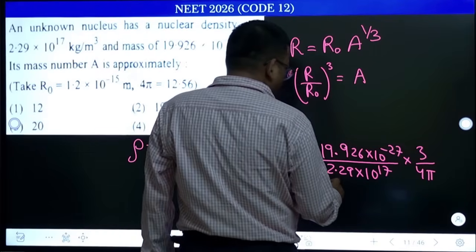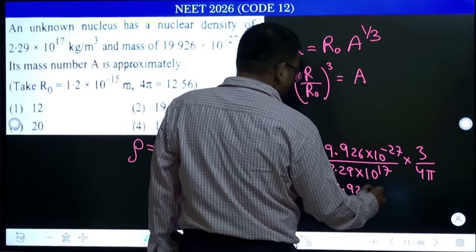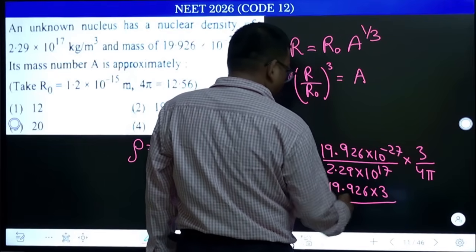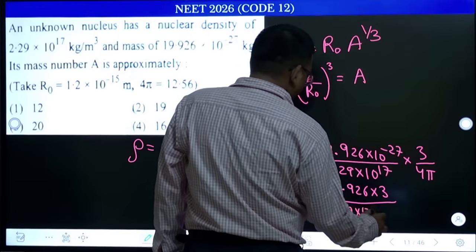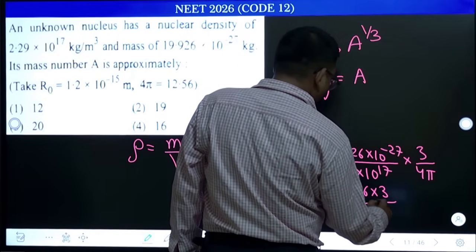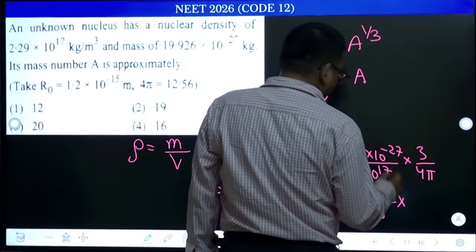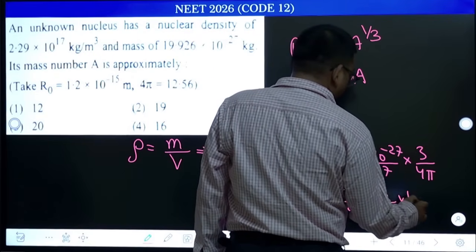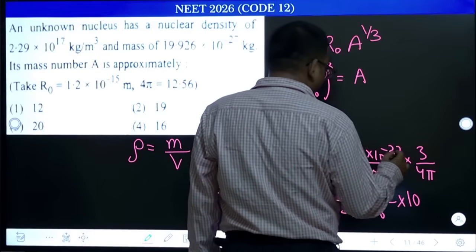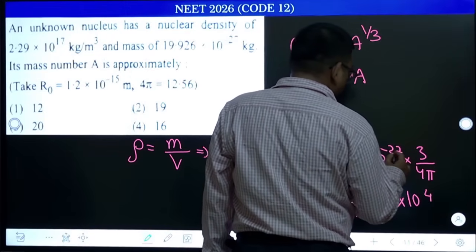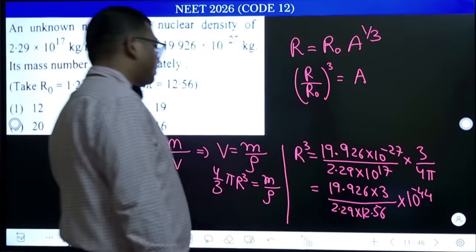So this is 19.926 into 3 by 2.29 into 12.56. Okay, 10 to the power, let us bring one side. So this is becoming how much? 10 to the power minus 27, and then this also, so 10 to the power minus 44 it is going to be, correct?